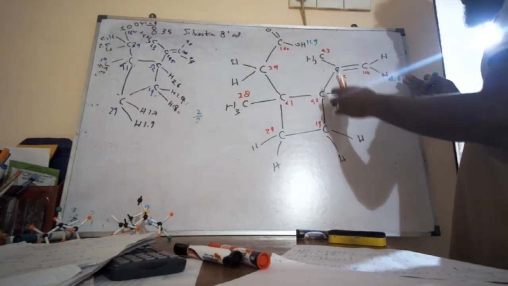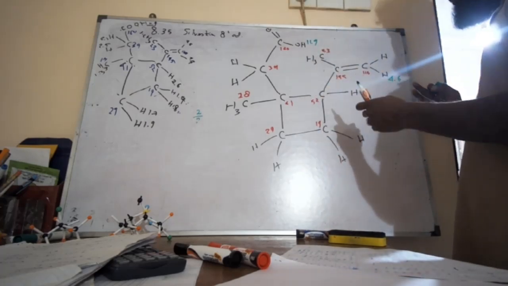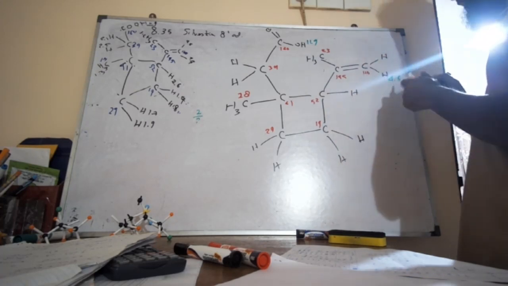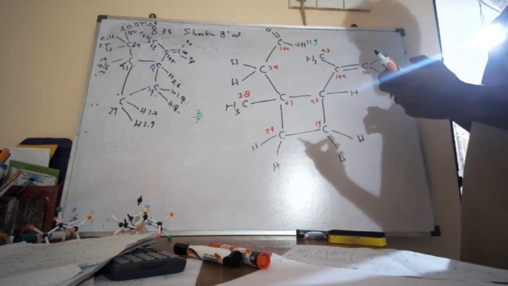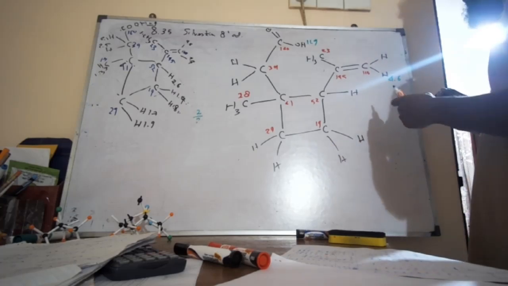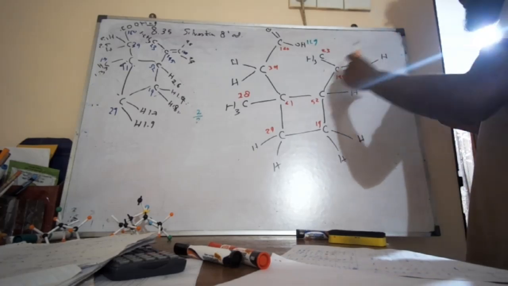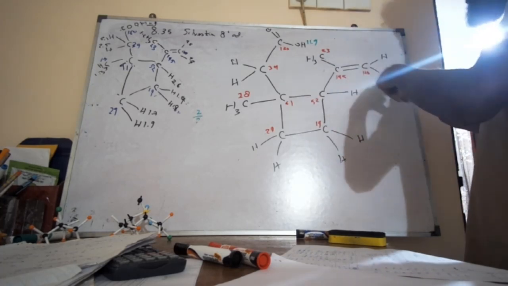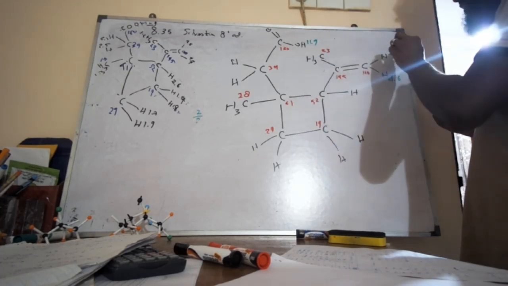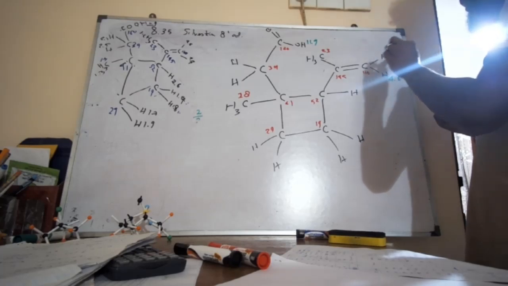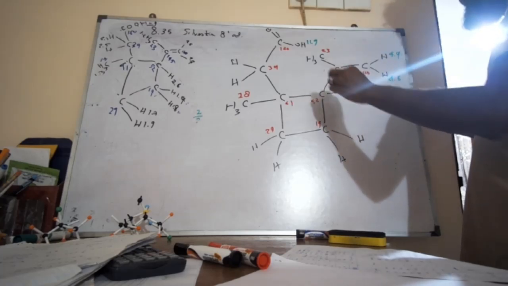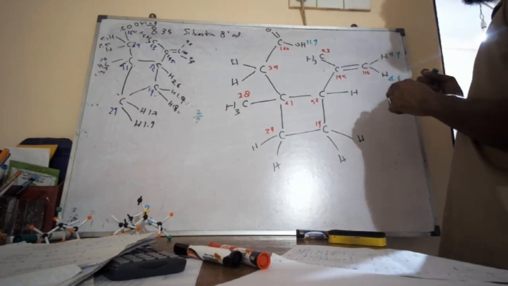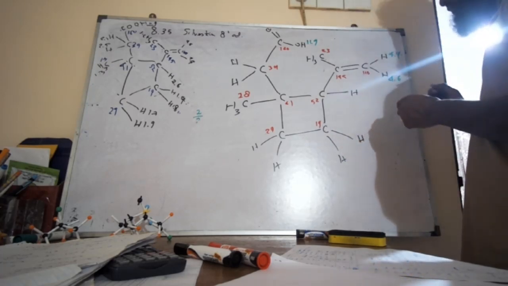So the question is which one is going to have the most. I mean, 4.9 was a more obvious doublet compared to 4.6. So because trans coupling is stronger than cis coupling, we're going to mark this as 4.9 because it can couple with this one to form a doublet, right? That is the argument that I'm going to work off of.